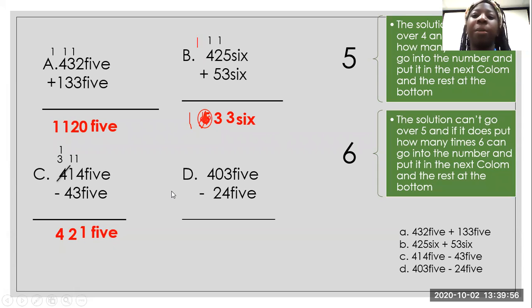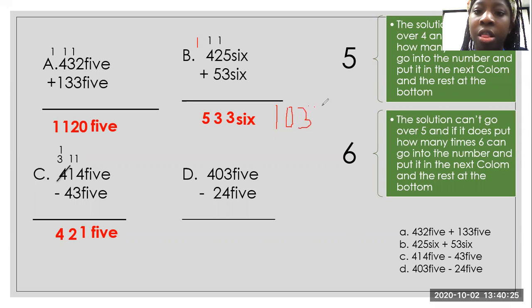Now let's do something a little bit more complicated. Now we have 403.5 minus 24.5. This is not complicated. It's just you have to keep track of what you do. So let's erase this. Of course, this will be 133.5.